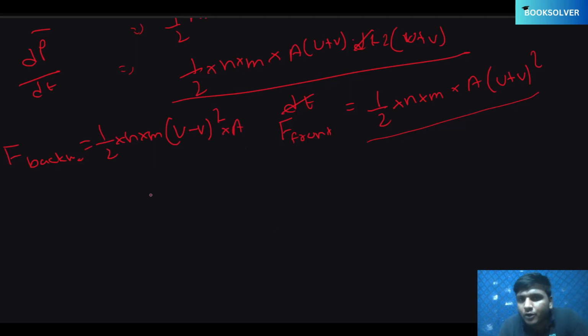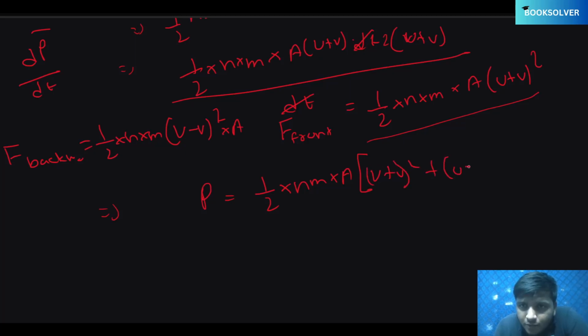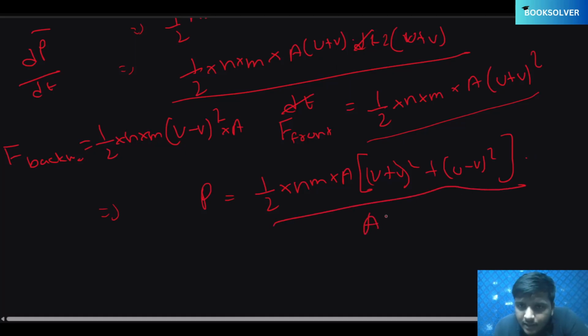Now we want to calculate what is the net pressure here. So pressure will be nothing but force by area. So P will be equal to, if I sum this, half into n m into a, is the sum of u plus v whole square plus u minus v whole square divided by area here.